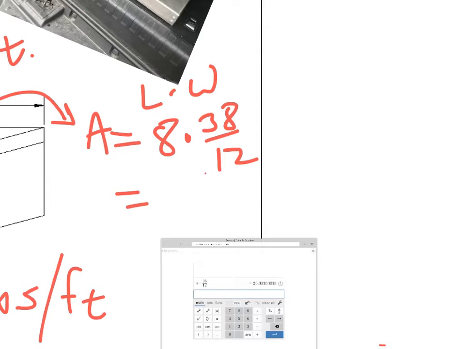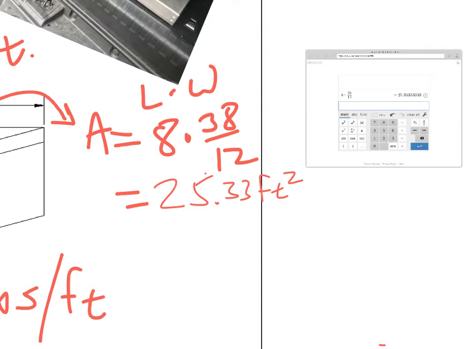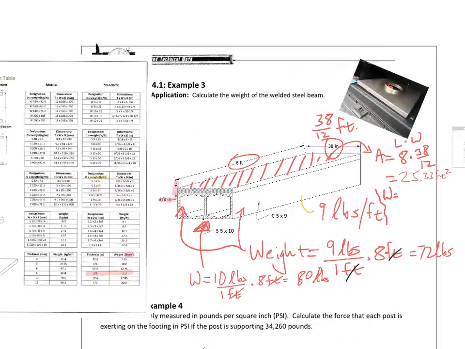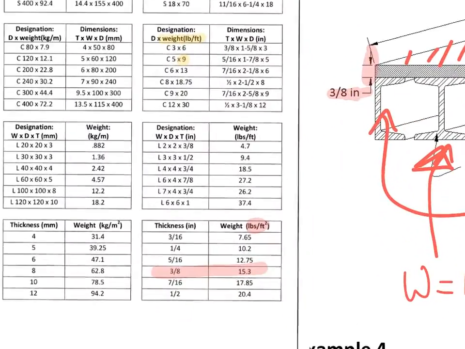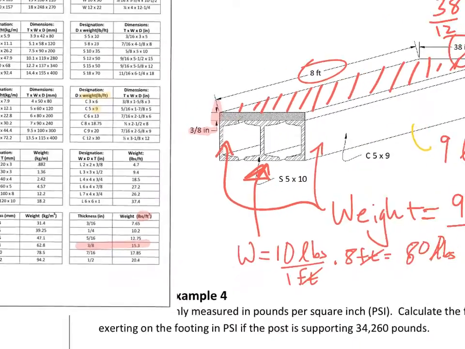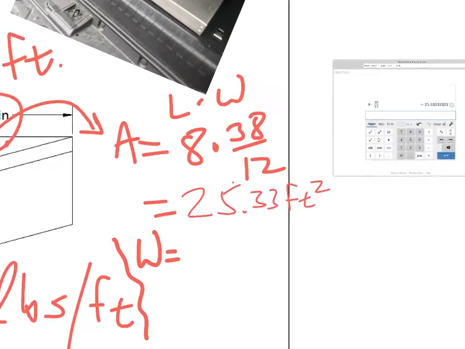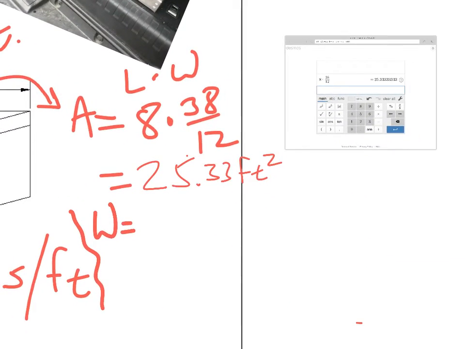So we have 25.33 square feet. And then the weight, we're told by looking back at this formula here, it's 15.3 pounds per square foot. The units here are pounds per square foot. The units are important.